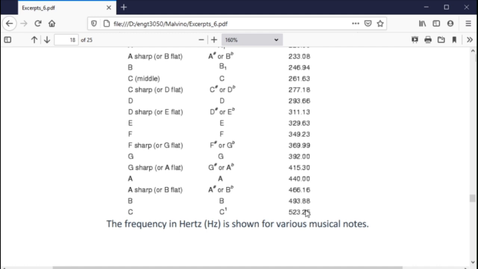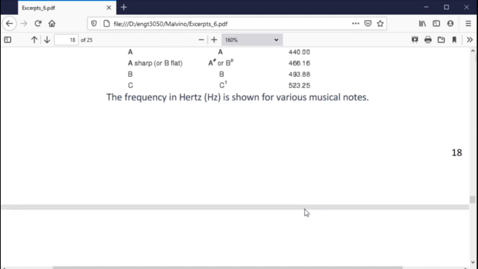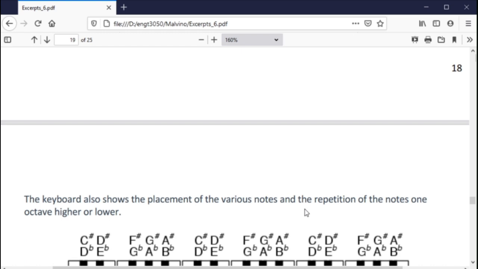Now, a violin does not look like a sine wave, and a human voice does not look like a sine wave, but even then, it is a time-varying signal. The frequency of the note is determined by the number of times it repeats per second, or the number of hertz.